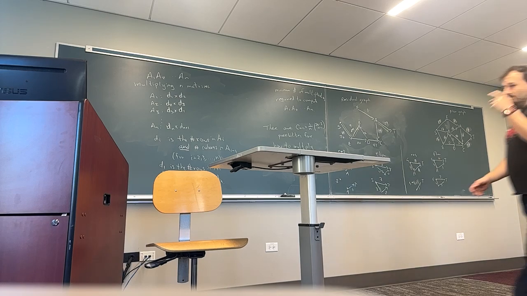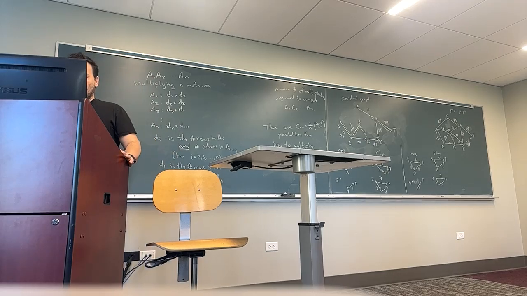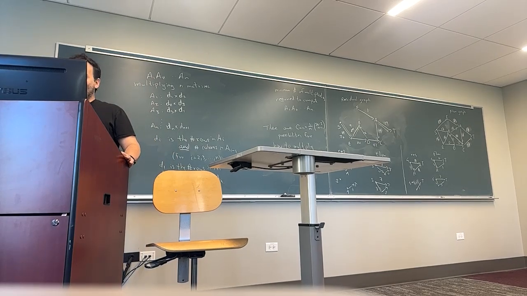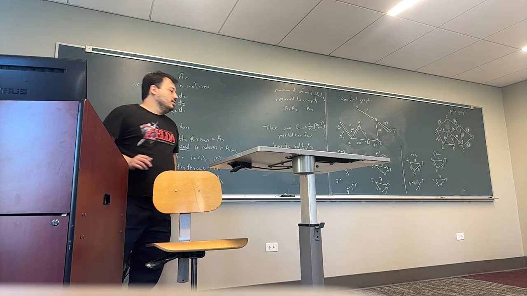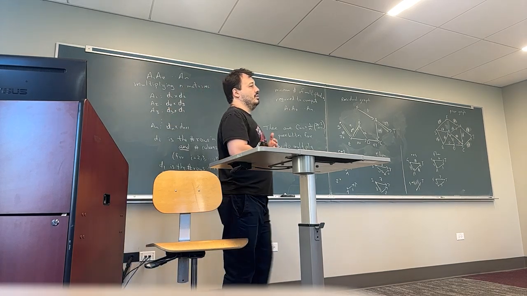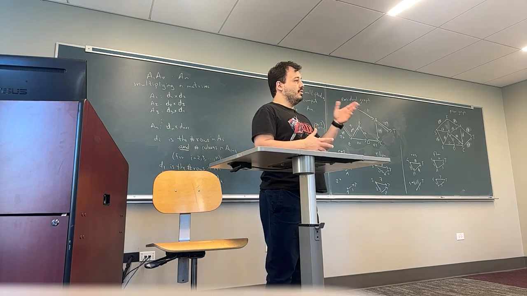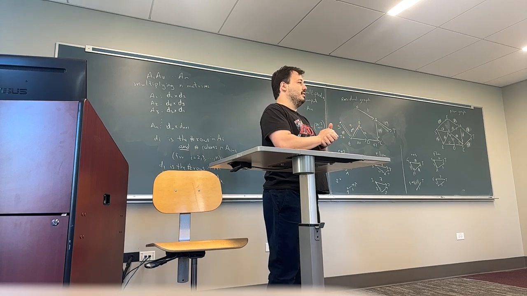All right, let's do an example of how to do this. Let's have a 5 by 2 times a 2 by 3 times a 3 by 4 times a 4 by 6 times a 6 by 7 times a 7 by 8.